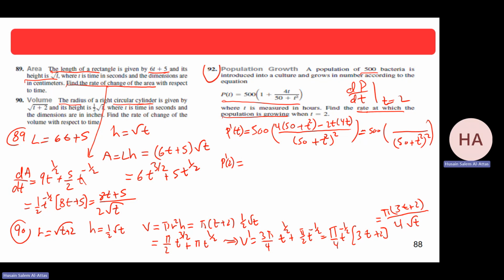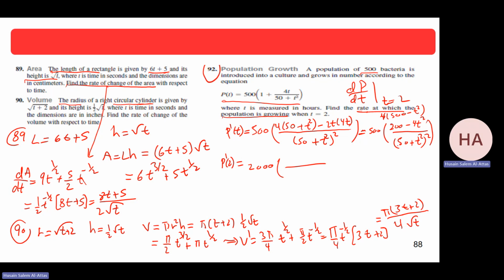I think maybe we need a calculator, but it's okay. Here I have 200 plus 4t squared minus 8t squared. But I can take 4 as a common factor, so that will be 2000. If we take 4, you have 50 minus t squared.